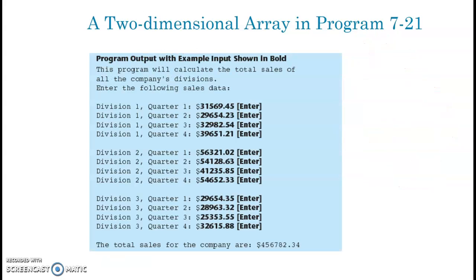So here we can see they enter all the sales for division 1 for each quarter, all the sales for division 2 for each quarter, all the sales for division 3 for the 4 quarters, and then they ran the summing of the series of the two-dimensional array, and we end up with this value after summing all of these values.